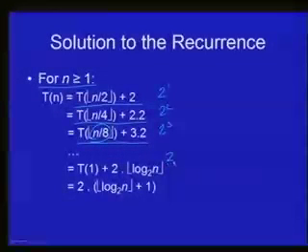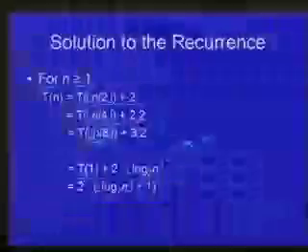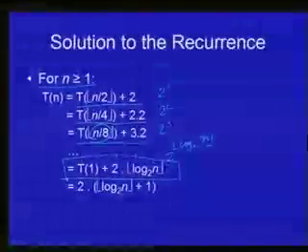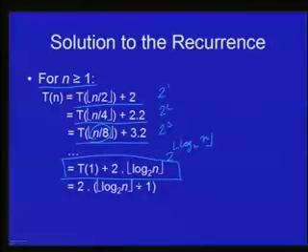And so finally when we divide by 2 to the power log 2 n, then this value will become 1. And so in that expression we'll get T1 plus 2, how many times? Log n times, the floor of log n times.